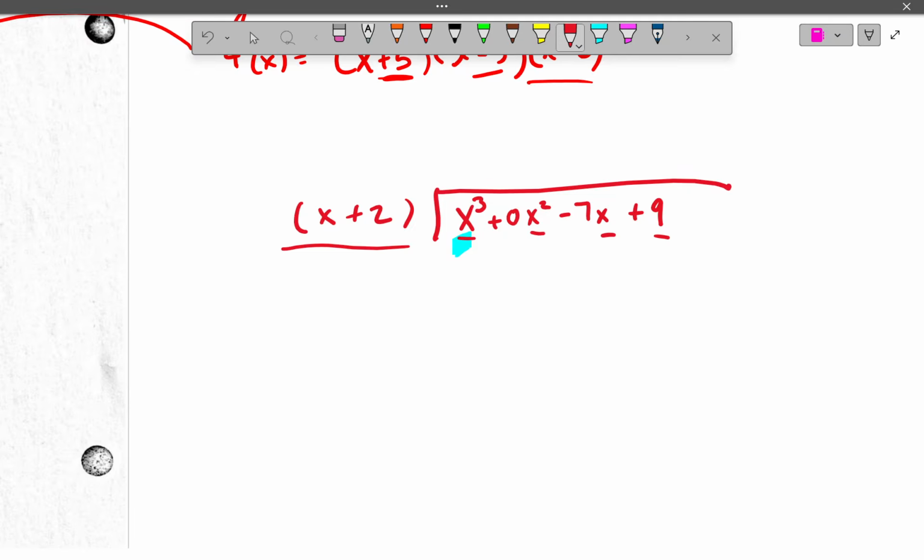And this is a very important first step. When we're doing this polynomial division, you're asking yourself each time, what term do I have to multiply to what I have here? So x to give me x cubed. In this case, I need an x squared, because x squared when I multiply it times x will give me x cubed.